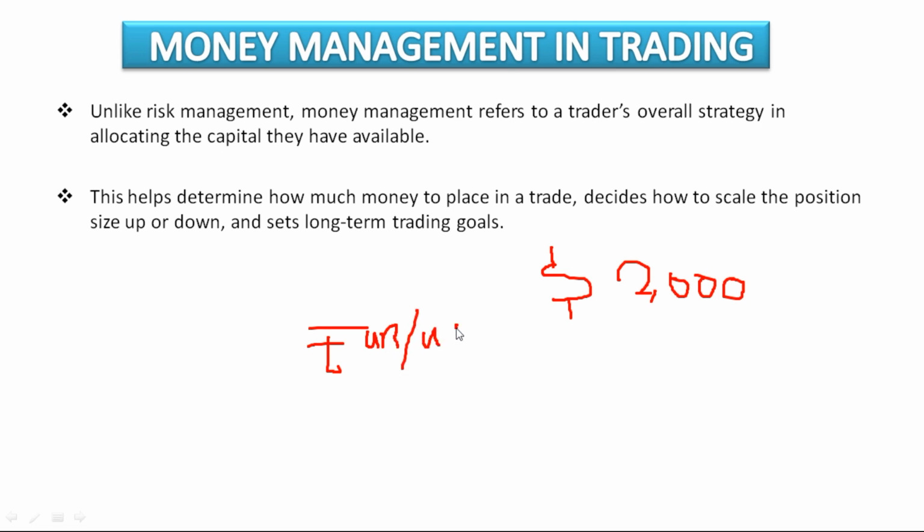So let's assume you have an opportunity to enter another trade. Then you have your free margin. After you enter Euro USD, let's say your free margin is now 1,900 dollars, for example.